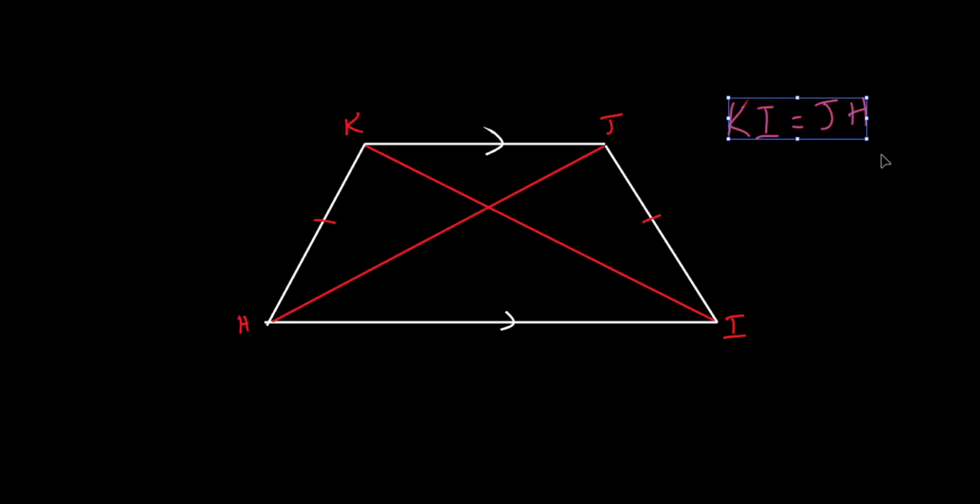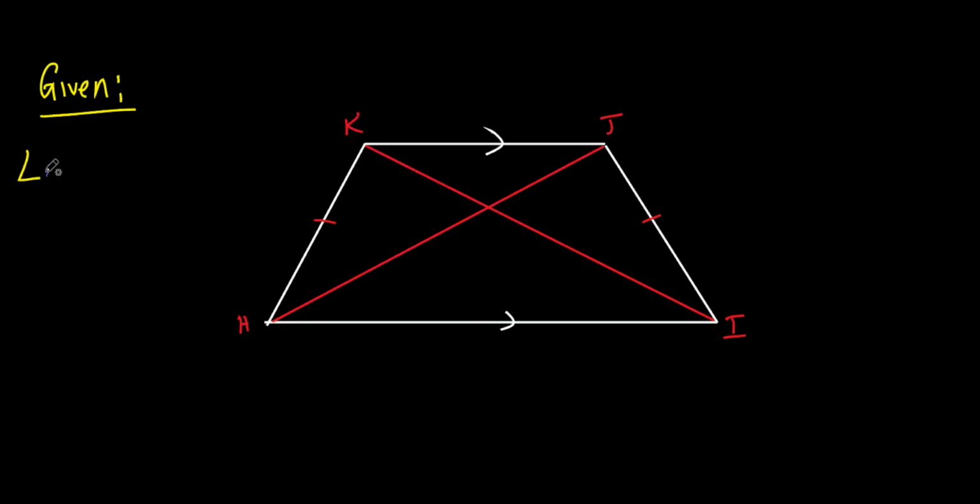Let me just erase this. Let's put some stuff in here, and let's see what we can do with this. So here's the stuff that they tell you. This is given, right? When they use the word given, that means this is what they're telling you is true. They tell you that angle ABC is equal to 125 degrees.